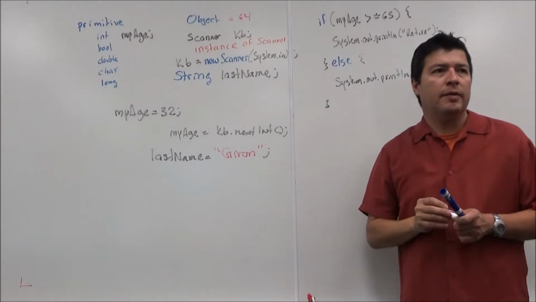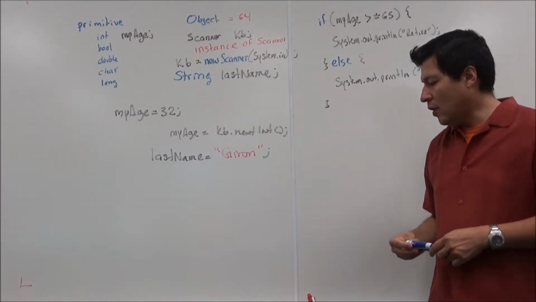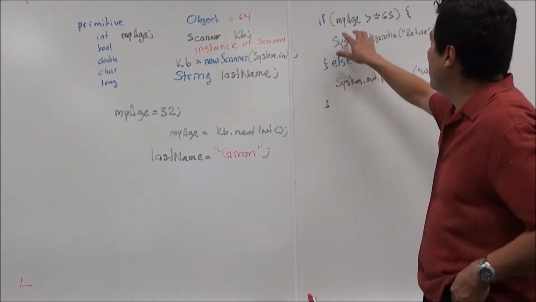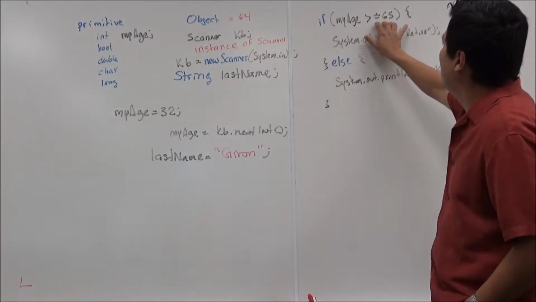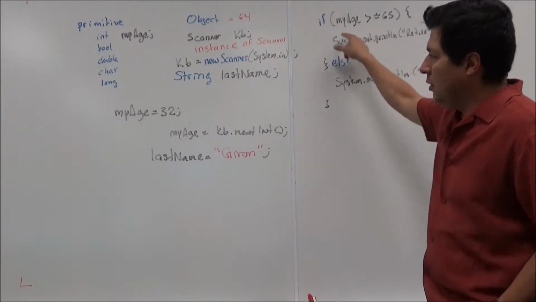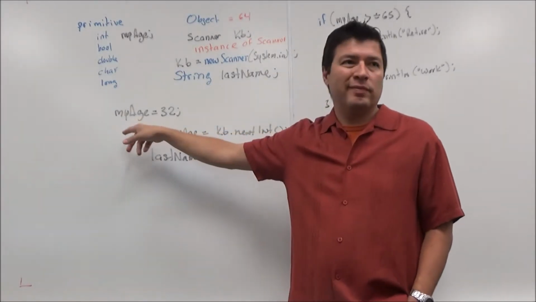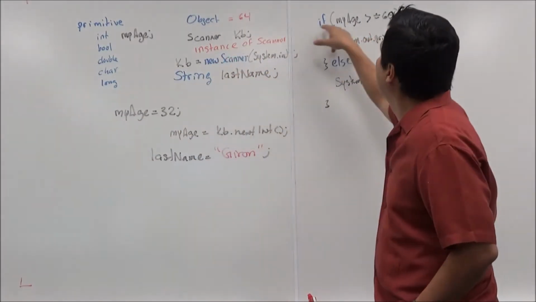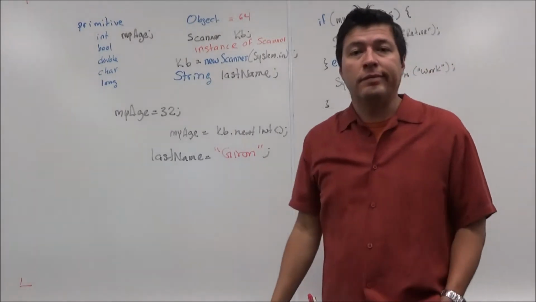We did that last time, right? So this comparison, I'm comparing an integer, the contents of this variable, whatever is in memory, with the number 65.